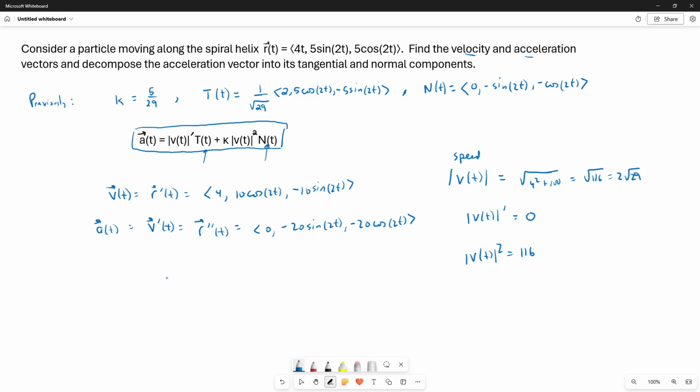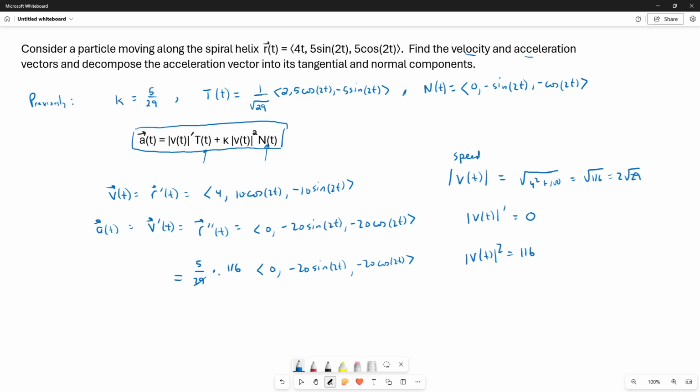So the acceleration vector breaks down into, we have 5/29 for the curvature times the square of the speed, which is 116, and then times this normal vector, 0, negative sine 2t, negative cosine 2t.